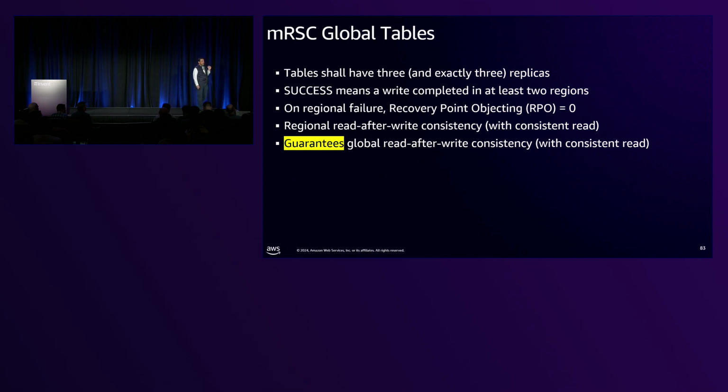So those of you who are building applications with financial transactions, you might want to use this for some parts of your application. And you get strong consistency guarantees guaranteed globally if you do a consistent read. Strong read after write consistency globally. So that's, at a very high level, the way we built strongly consistent global tables.